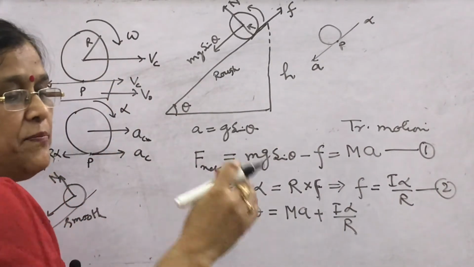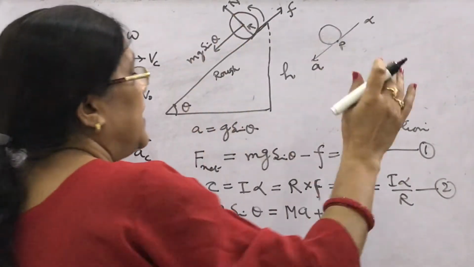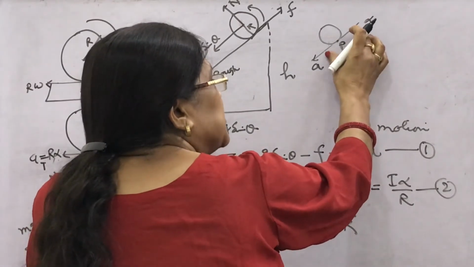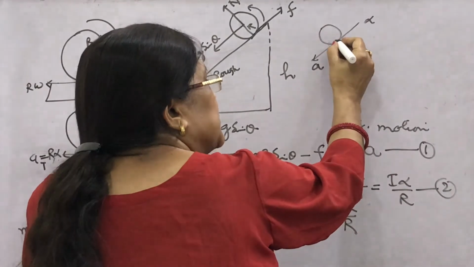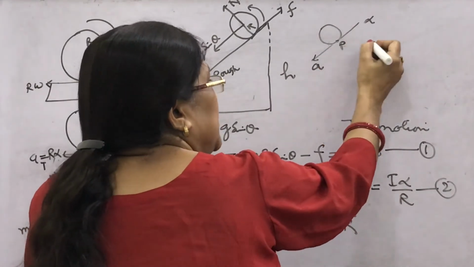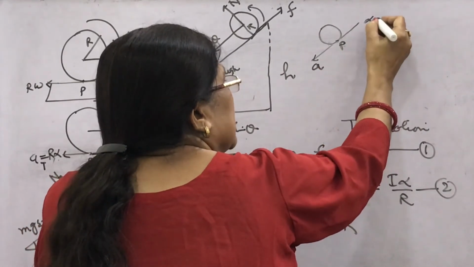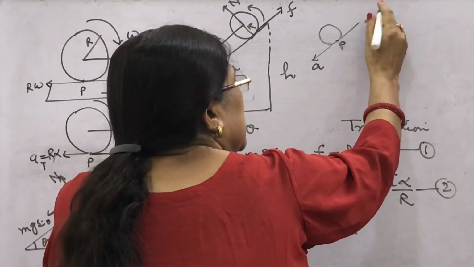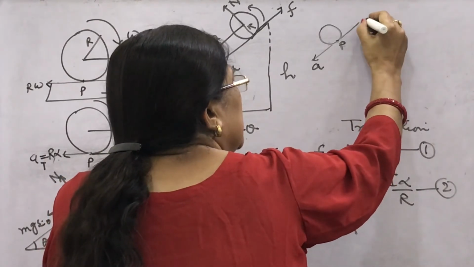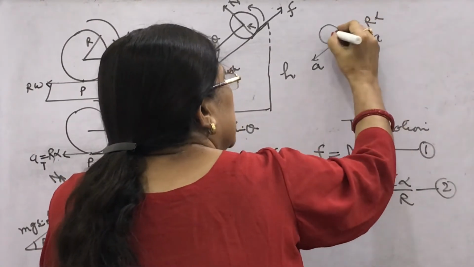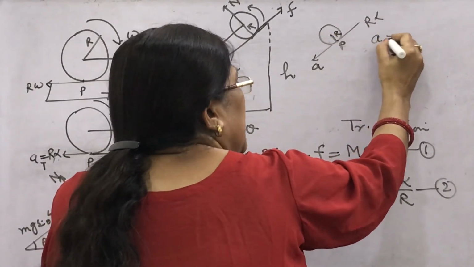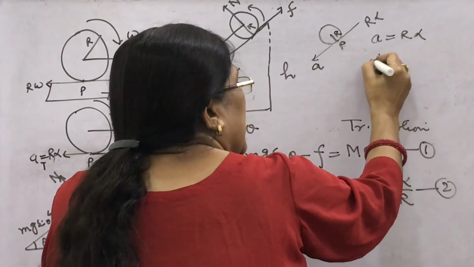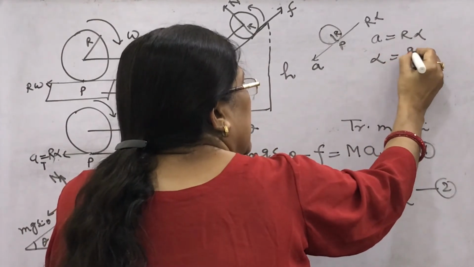So for the relative acceleration at the lowermost point to be 0, we can write A equal to R alpha, where R is the radius of the object. So alpha is A by R.